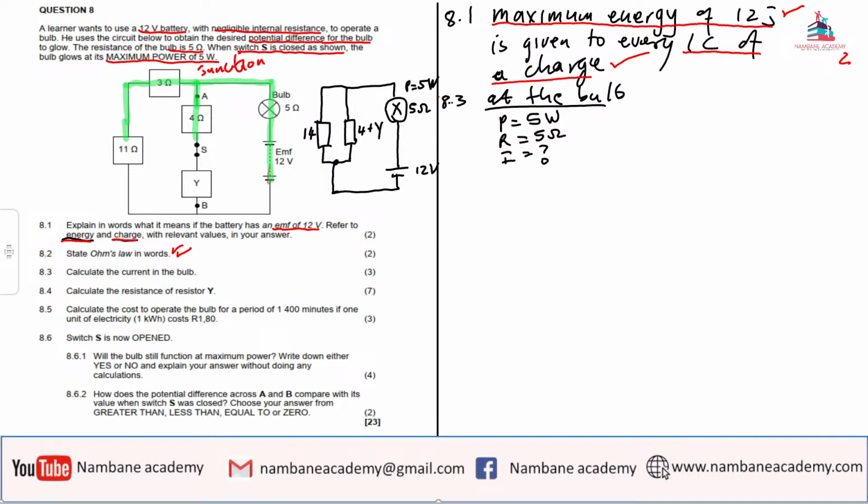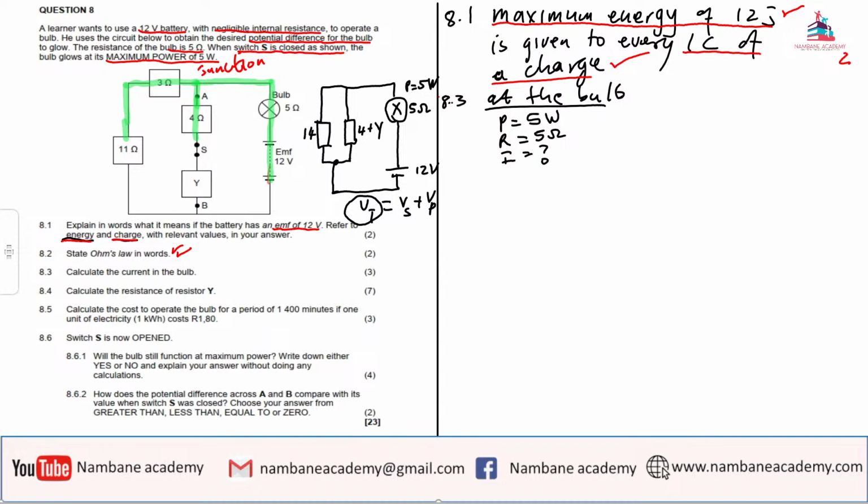Why? Because if we have V total, let me maybe write it here, V total will be Vs plus Vp. So this 12 is going to be divided into the Vs, which will be the V at 5 ohm or at the bulb, and the Vp, which is at 14 and 4 plus Y.